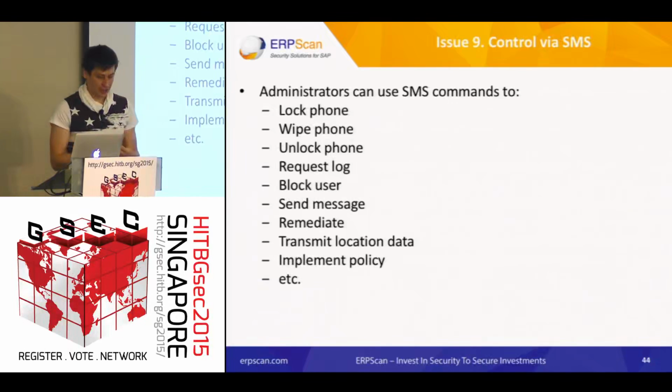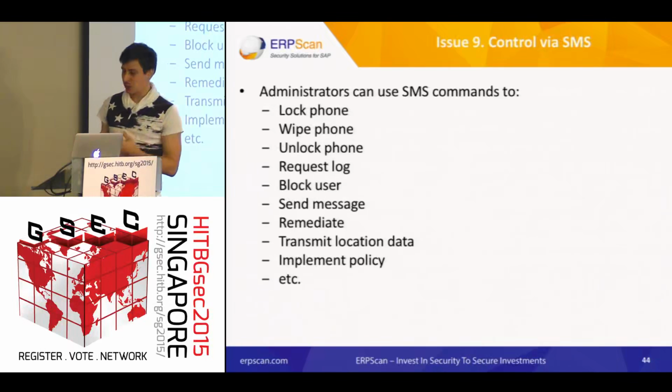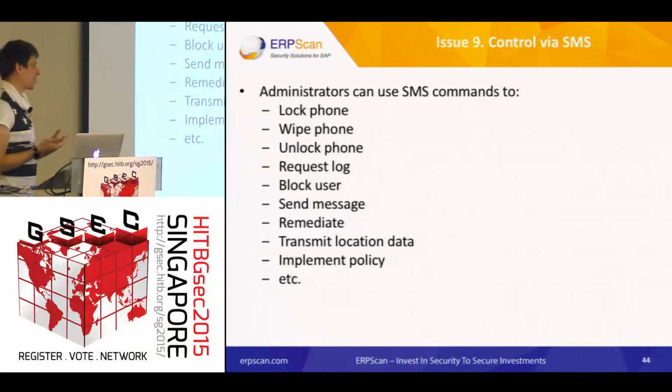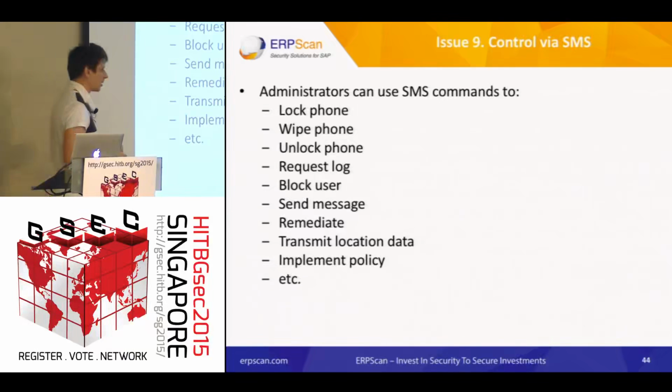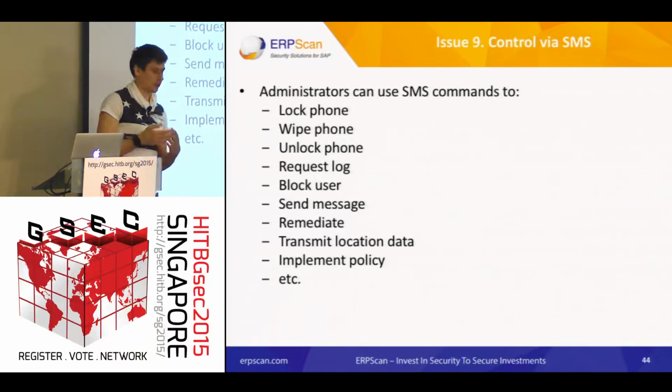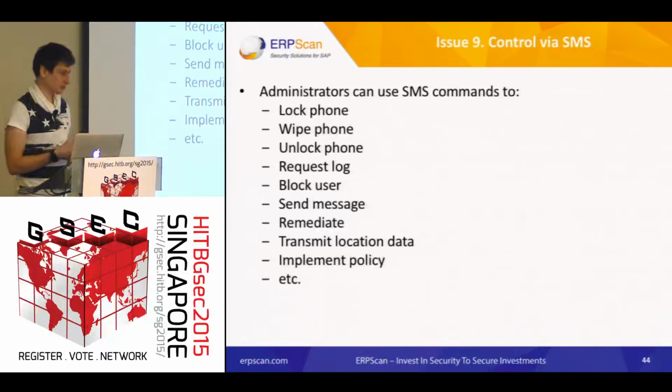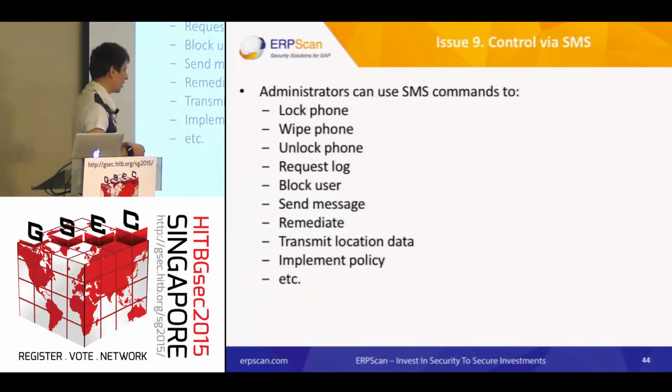It's a very useful functionality for the administrator because, for example, if an employee loses their phone with top secret information, the administrator can send an SMS to this phone for locking the device.